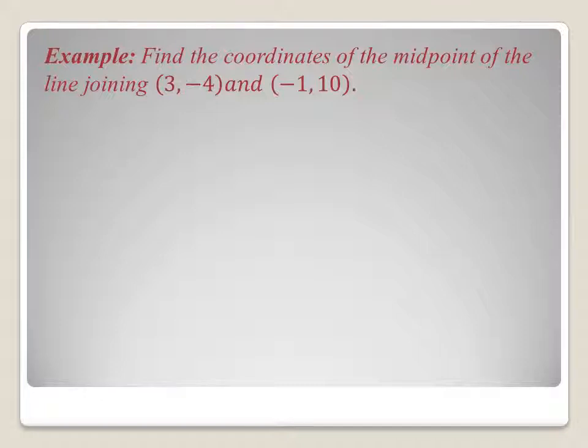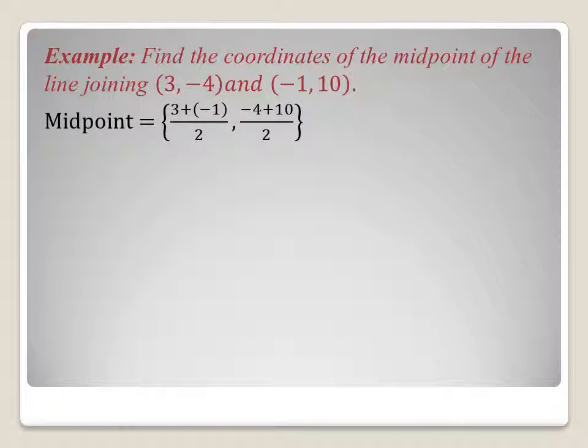Remember that the coordinate of the midpoint is given by half of the sum of the x coordinates and half of the sum of the y coordinates. Substituting, we have ((3 plus -1)/2, (-4 plus 10)/2). This simplifies to (2/2, 6/2). The coordinates of the midpoint, therefore, is (1, 3).